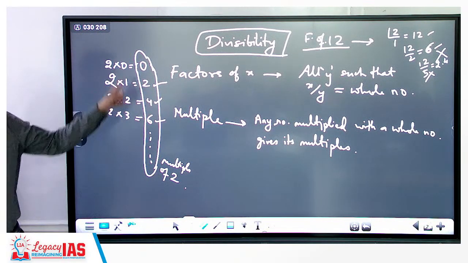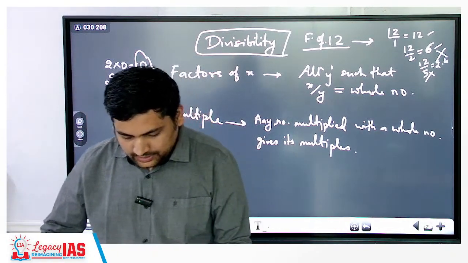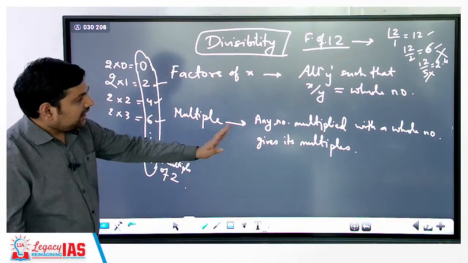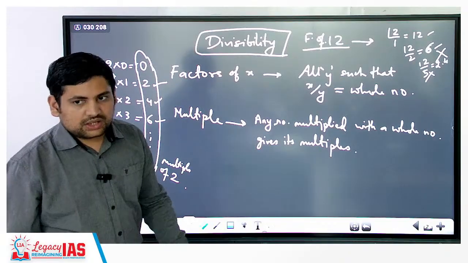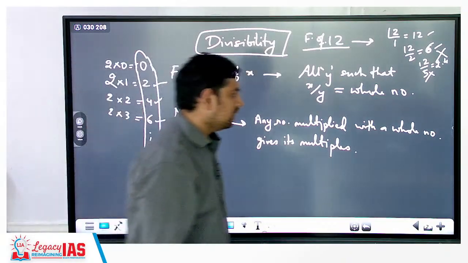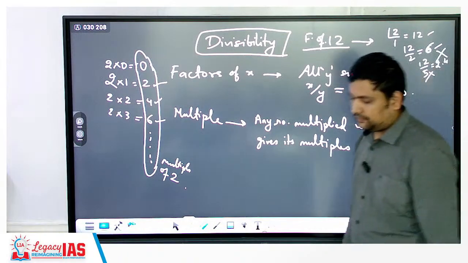Understood? So 0 is also a multiple of every number. You can put this as a note. Once you write multiple, any number multiplied with a whole number gives its multiple. Then write down 0 is a multiple of every number.